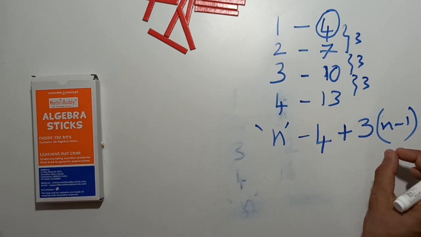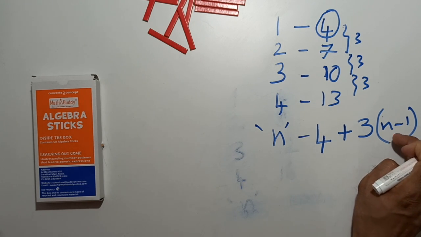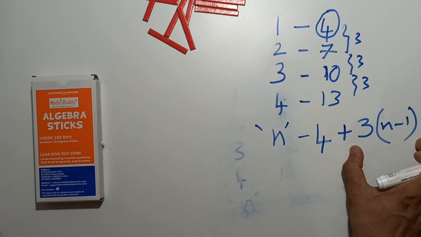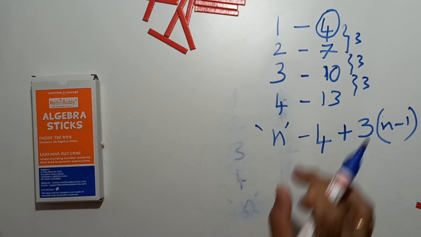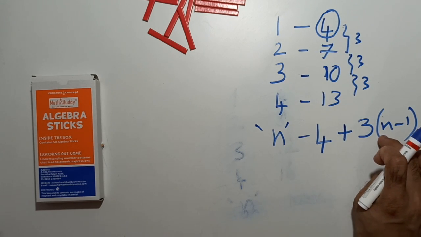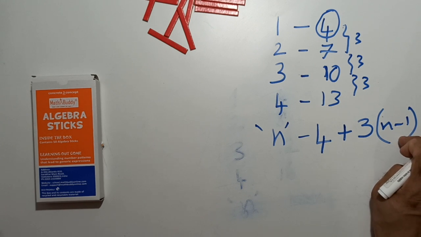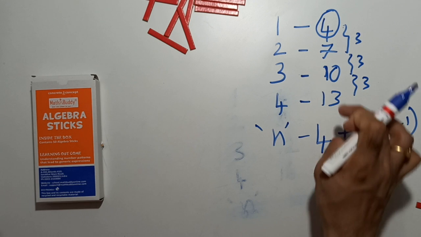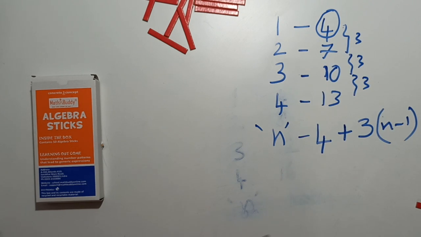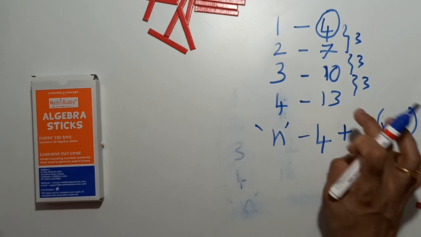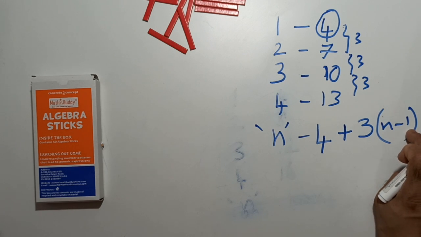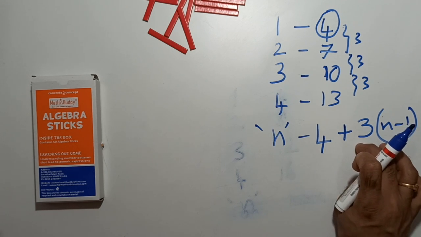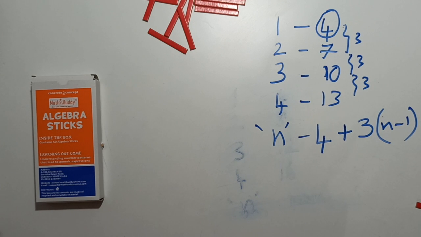So for example, if I put n equal to 1, it becomes 1 minus 1, 0. So this whole term vanishes, I get 4. If I put n equal to 2, it becomes 2 minus 1, which is 1. I multiply that by 3, I get a 3. That I add to 4, and that's how I get 7. And then if I make it 3 terms, then it's 3 minus 1, which is 2. 2 times 3 is 6, plus 4 gives me 10.